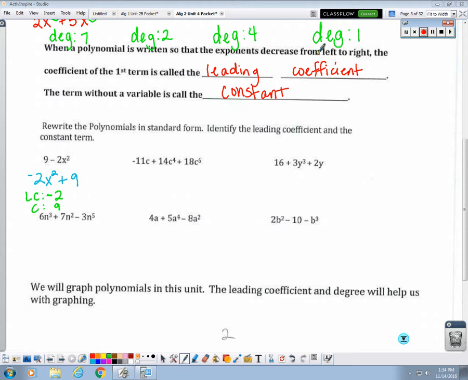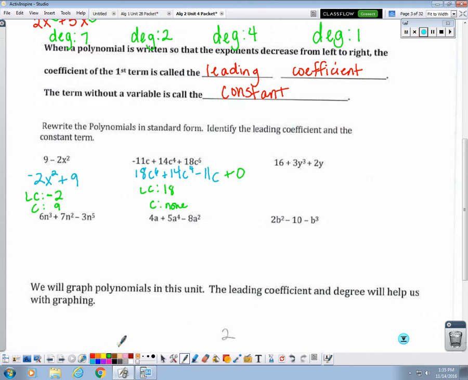And then what does it look like in standard form? Okay, and then what is the leading coefficient? And what is the constant? Right, there's not one. So you could either write 0 or none, because technically there's 0 there.